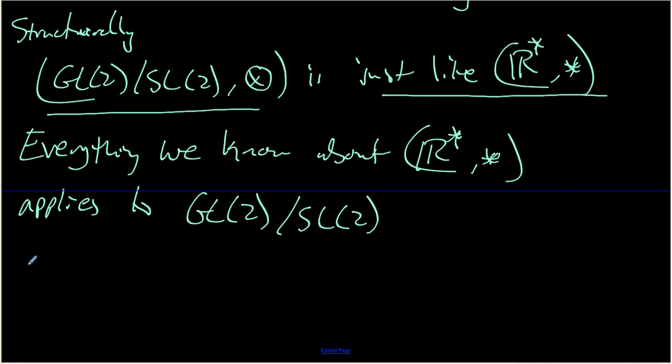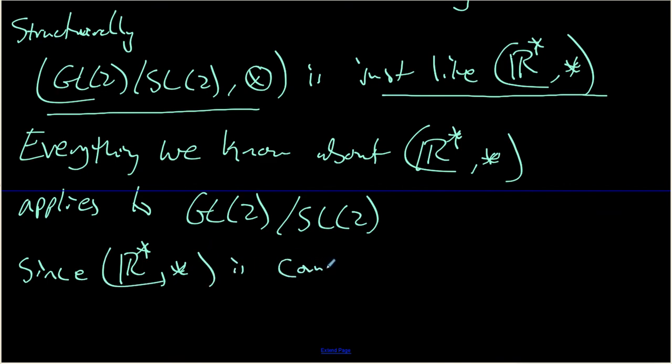So in particular, one of the most important things is we do know that R star under multiplication is commutative.